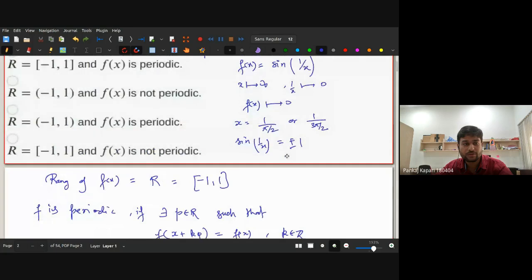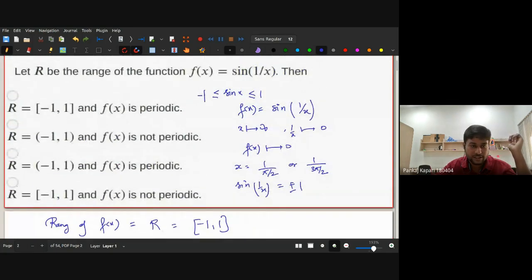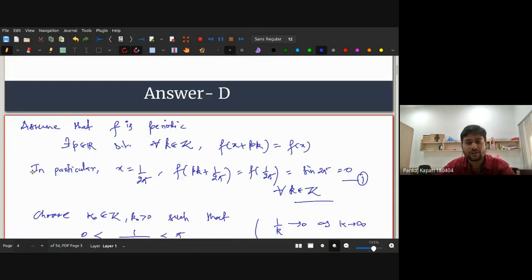So the correct option is the last one. That is, the range is between minus 1 and 1, including the endpoints, and this function is not periodic.